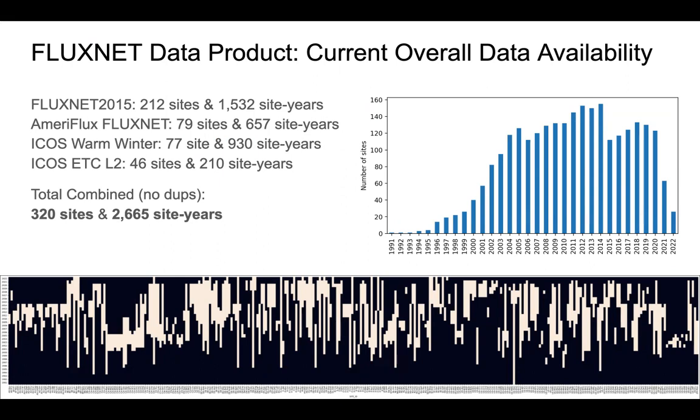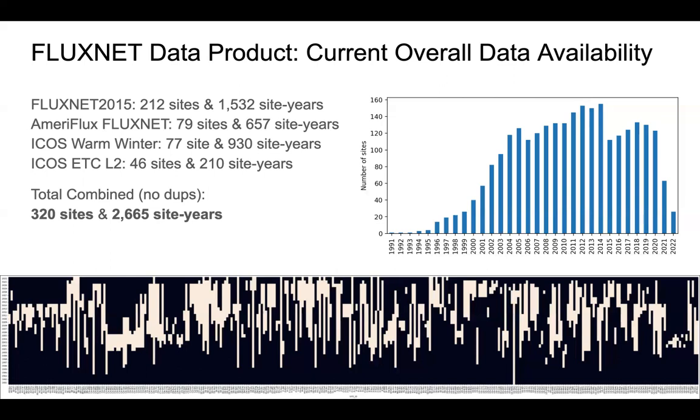And these rounds of processing have some overlap. So just combining all of these different versions, removing the duplications, we have a total now of 220 sites that are available with this FLUXNet data product, over 2,600 site years of data.